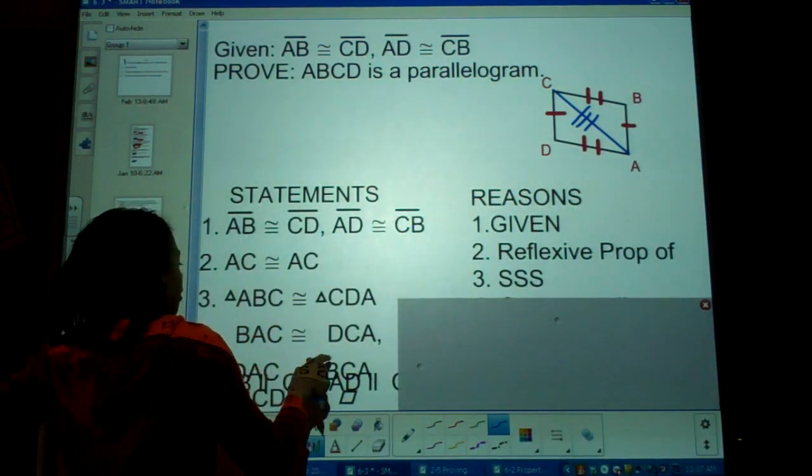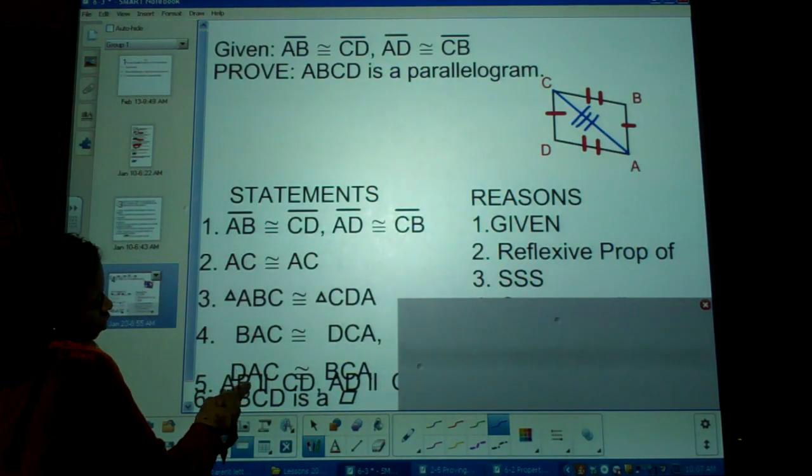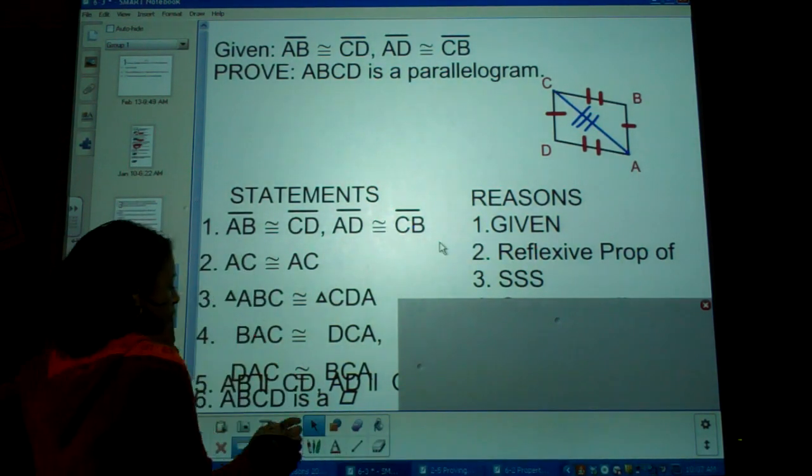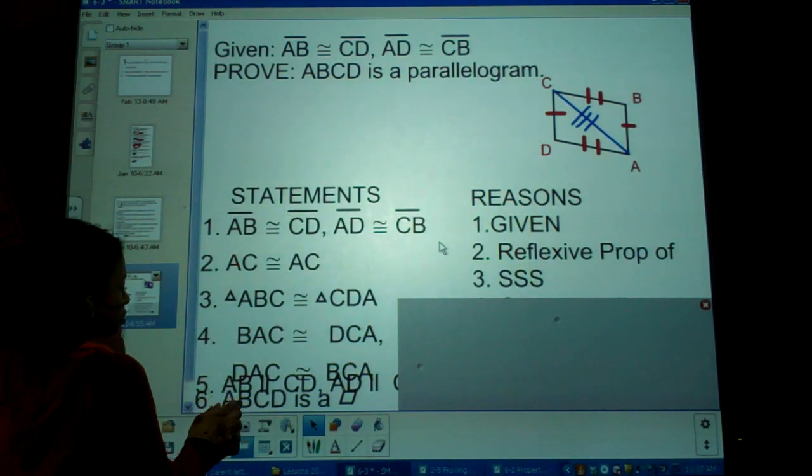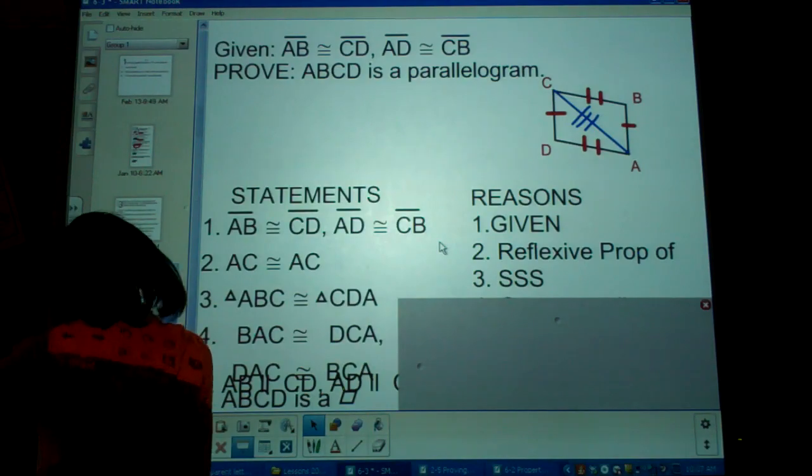What do I have? I got a lot of jumbled things in here. Hold on, let me fix this up for you.